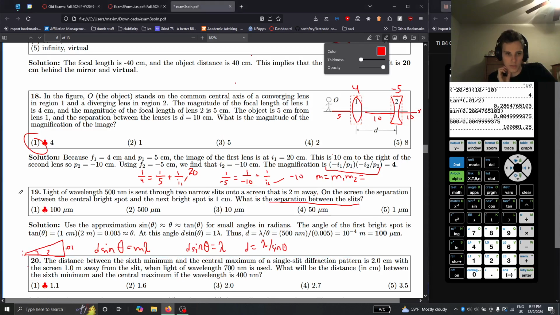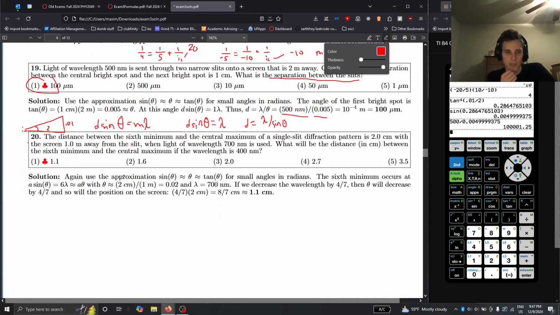But I guess you do have to account for units on this one. That's true. But you can trust me, this is the right way to do it. You just have to account for nanometers here, and you'd get it.